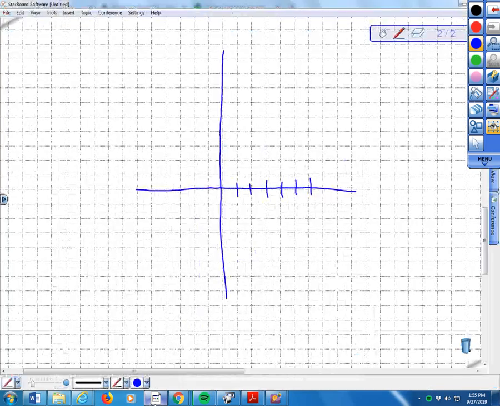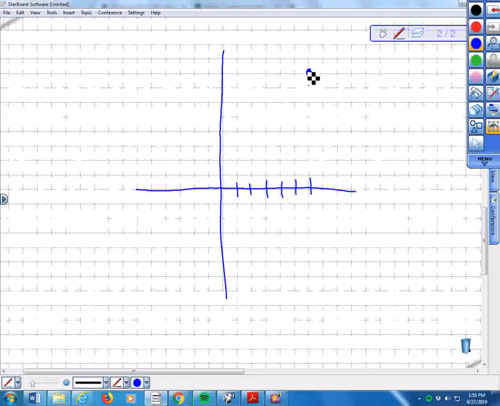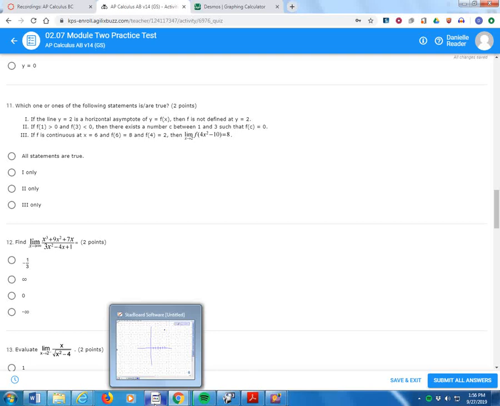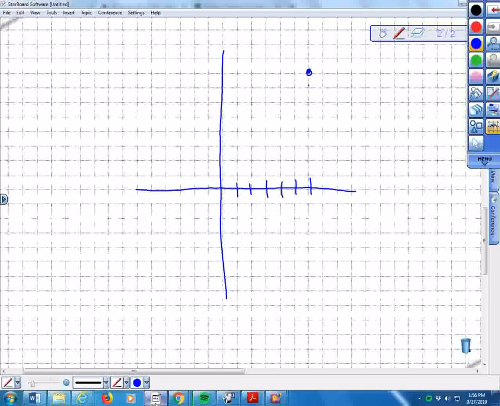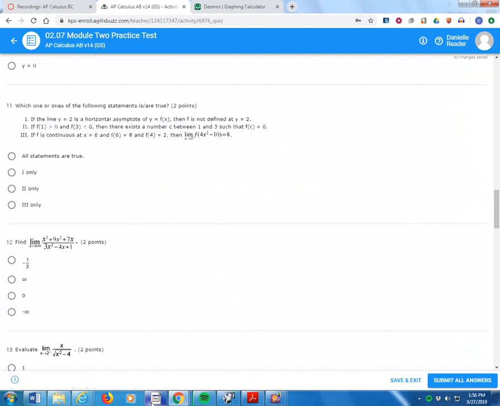So f of 6 is 8. F of 4 is 2. It's continuous at x equals 6.